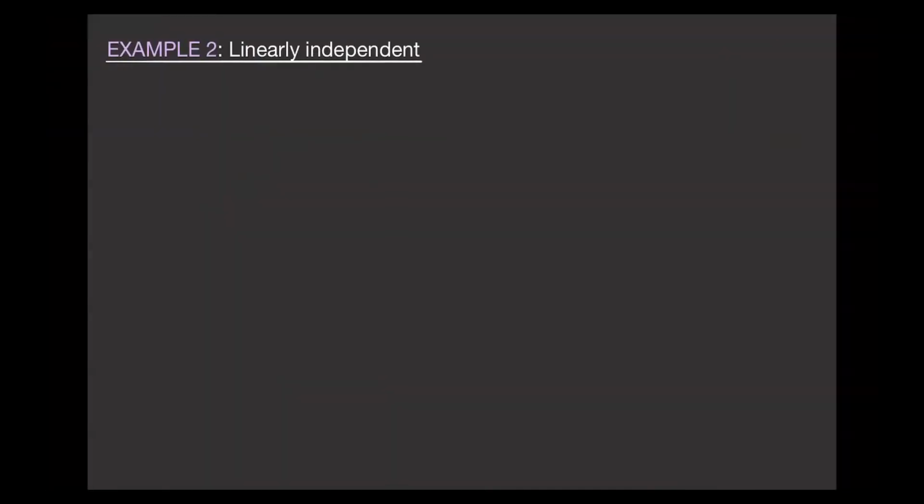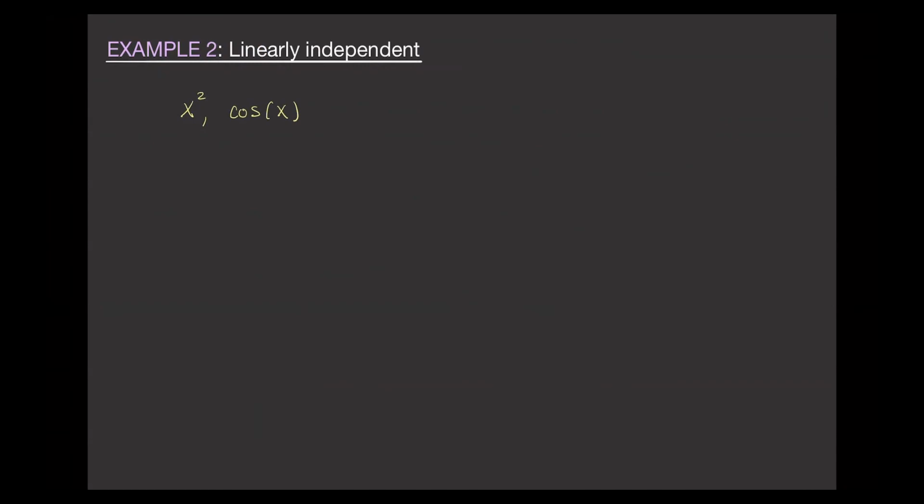So say we have the following. Let's do x squared and cosine of x, since we looked at those. Now we start by setting up what's called the linear combination.